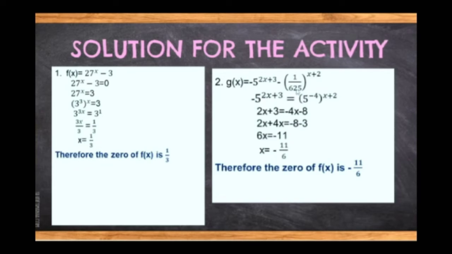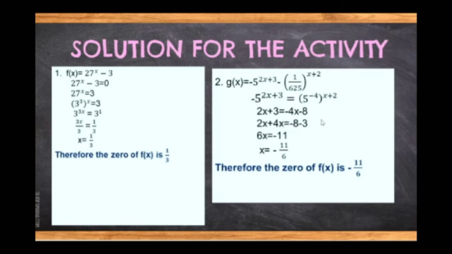Then, because the fourth root of 625 is 5, to make the base equal, then cancel the base. So, 2x plus 3 is equal to negative 4x minus 8, because of the distributive property.